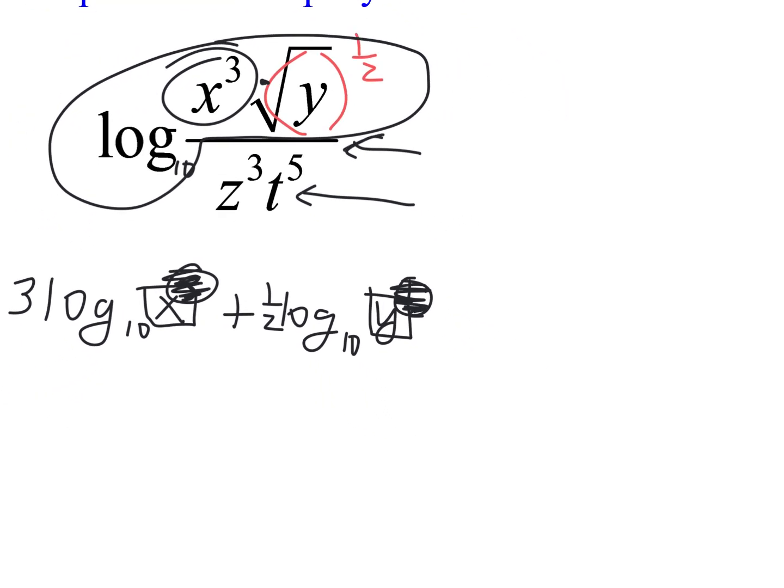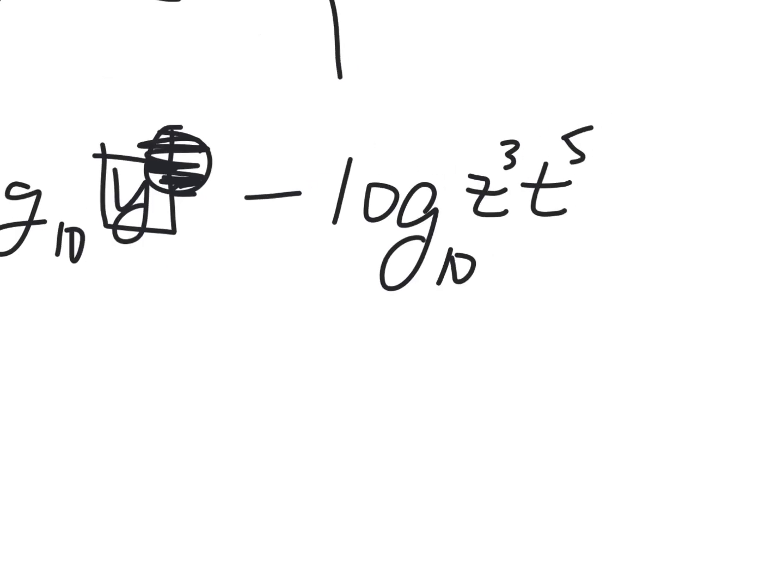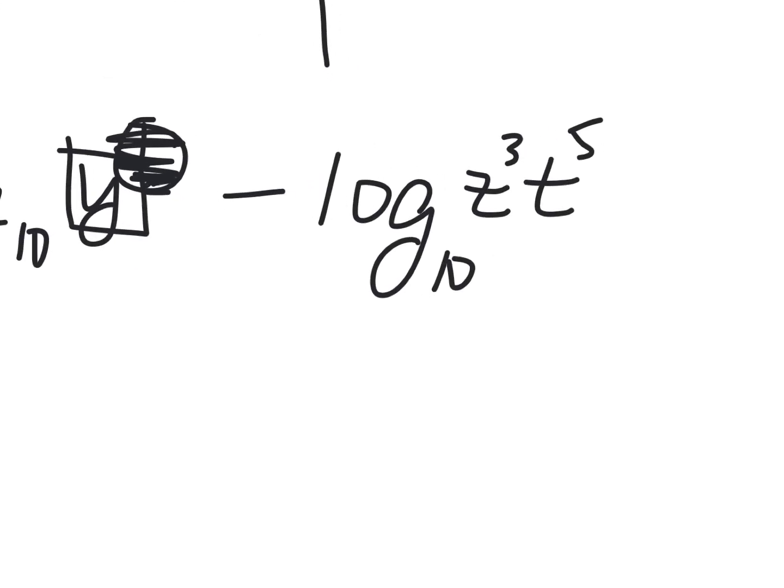Then this part has a divide, so I do a minus. And remember those implied parentheses around that? Log base 10, because they're all base 10. And then z to the third, t to the fifth. Now, I got to break that one up. Oh, tons of kids leave this on the test. I remember grading these over and over again, and tons of kids will leave it just like that.